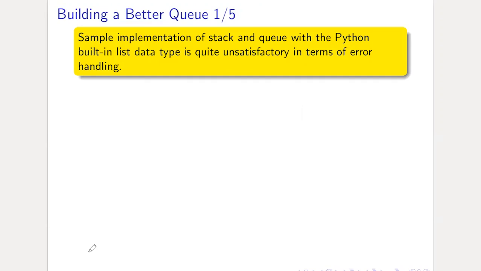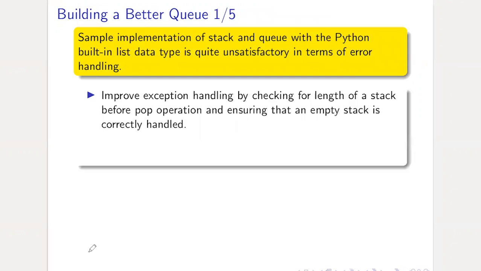So if you look at both our sample implementation of stack and queue with the Python built-in data type list, we didn't do a good job of error handling. So we have to do a better job.